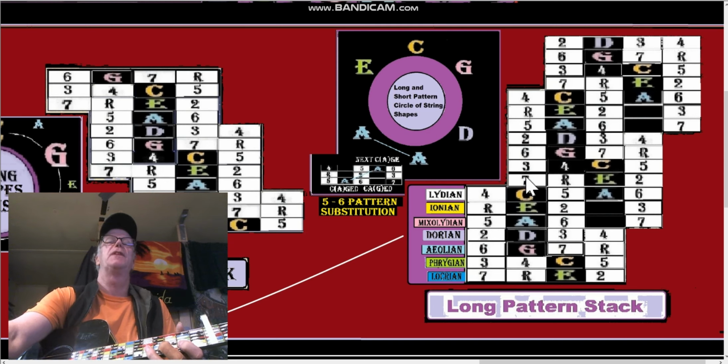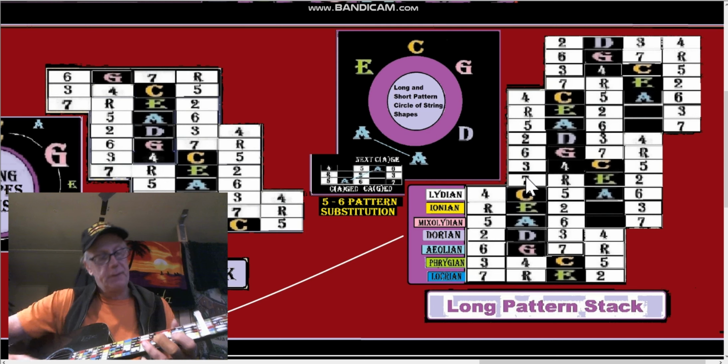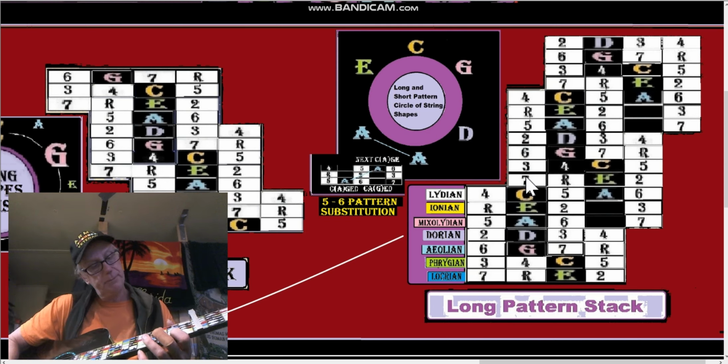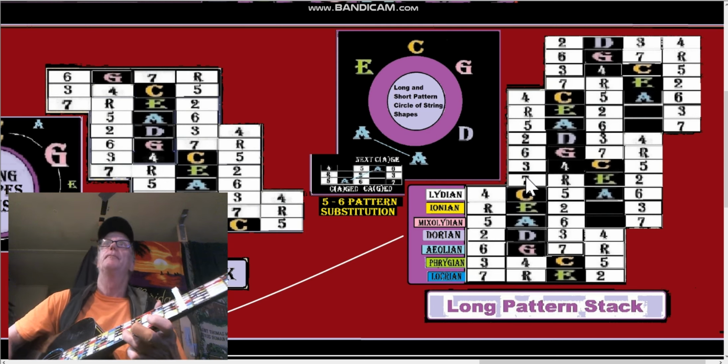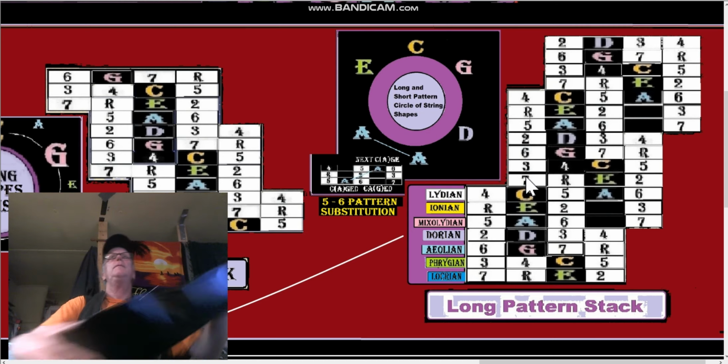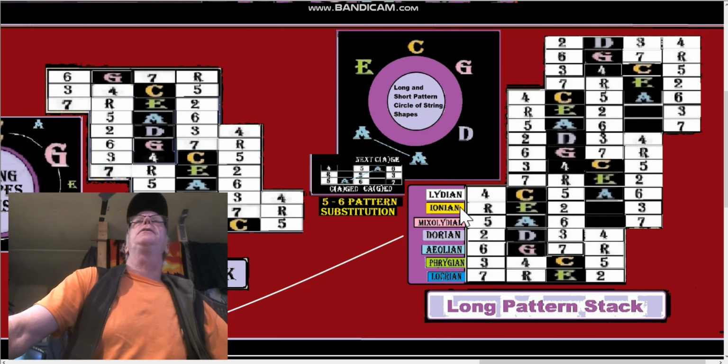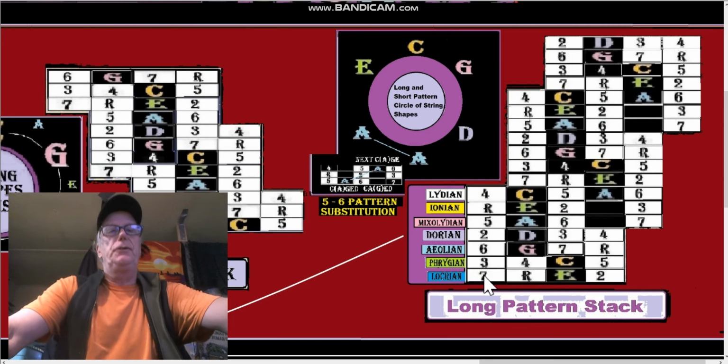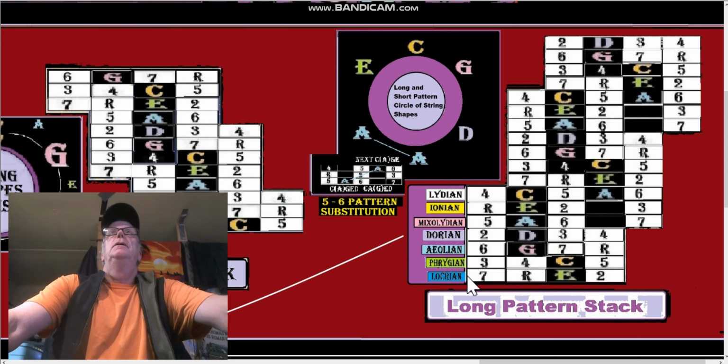That's the 7th of D, which is C sharp. So if we consider the low E these different scale values, then it's going to take on a different modal value.